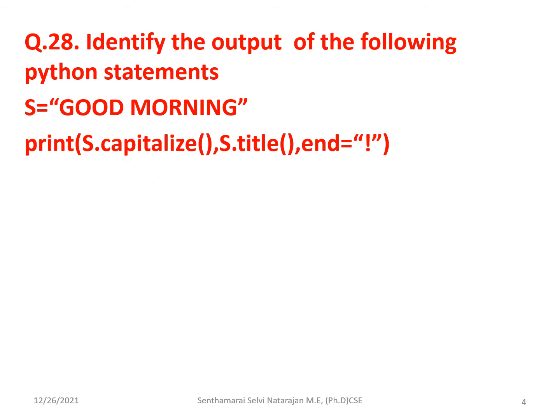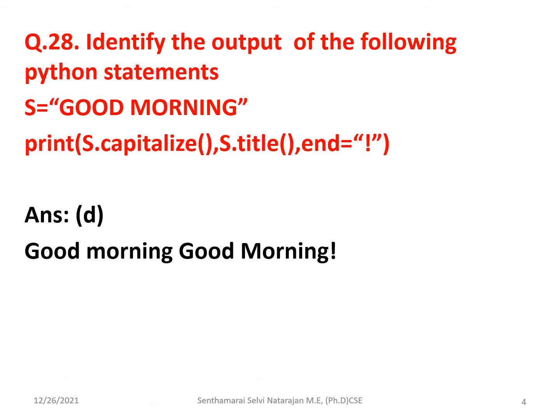So that is the output. So here capitalize will be giving the answer as "Good morning". You see here it will be capitalizing only the first letter, and then in title case the first letter of each and every word is capitalized. So "Good Morning". So this is the answer.